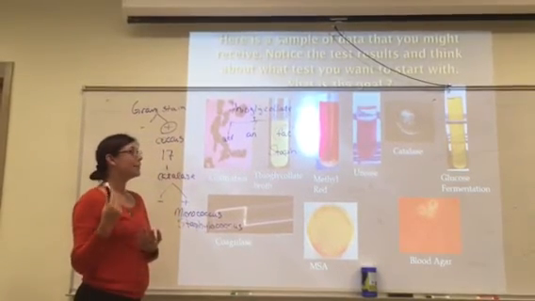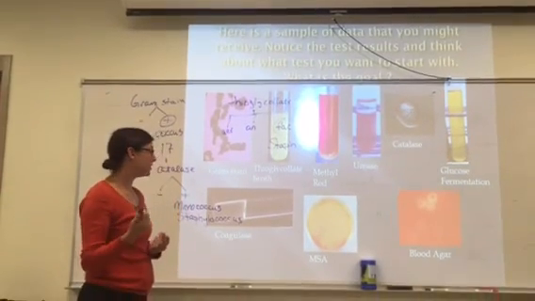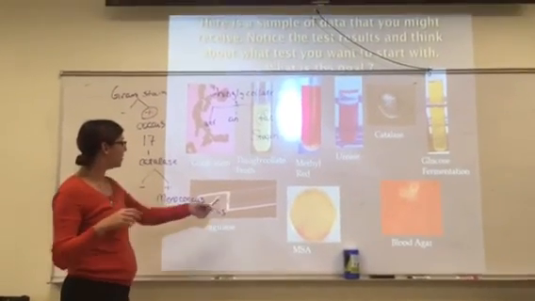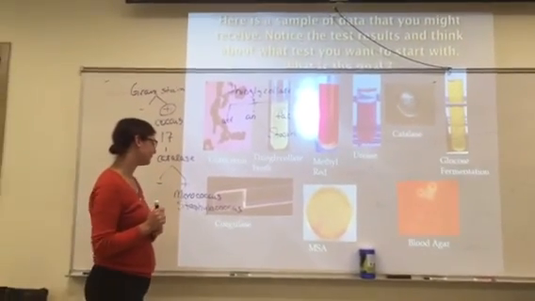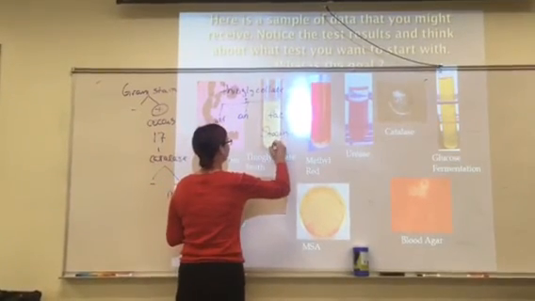So we did some tests in class that actually help us determine the differences between Staph epi and Staph aureus. One of those is the coagulase test. So let's look at our coagulase.